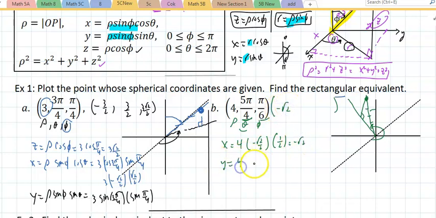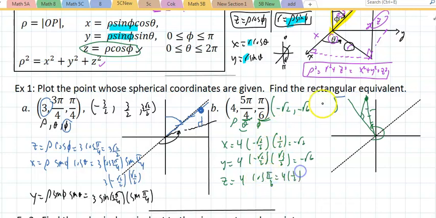Y is 4 times the sine of 5 pi over 4, negative radical 2 over 2, times 1/2 for the sine of phi, and that turns out to be negative radical 2. And z is the simplest because it's only rho times the cosine of phi, pi over 6, radical 3 over 2. That is 4 times radical 3 over 2, that's 2 radical 3.